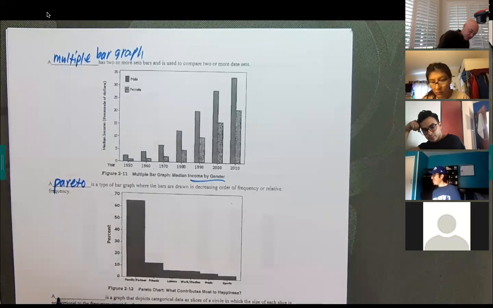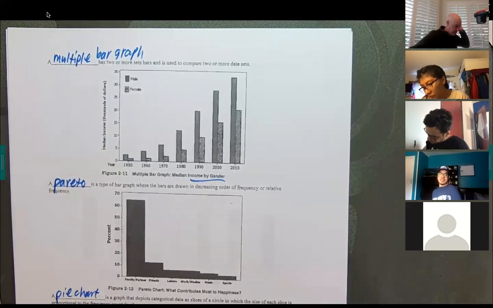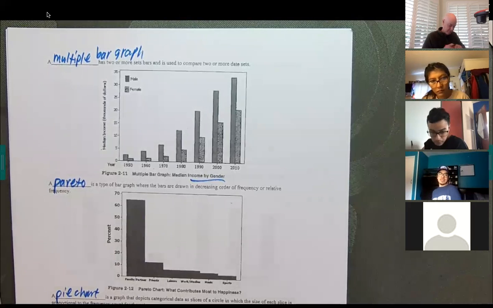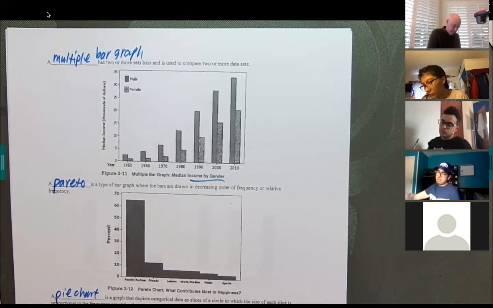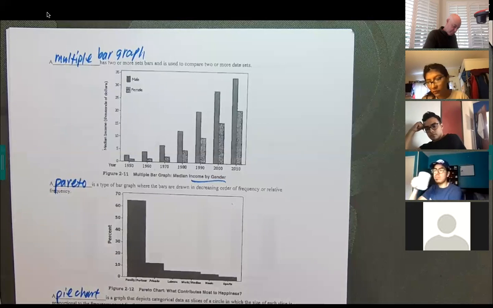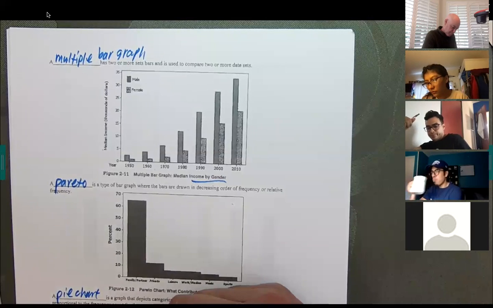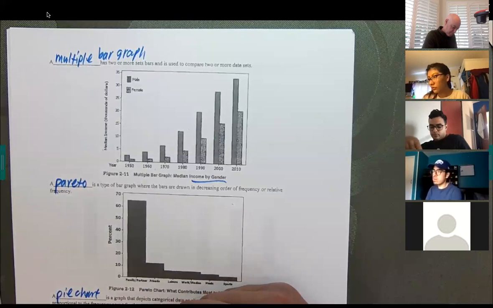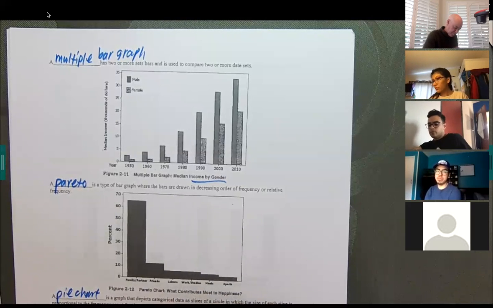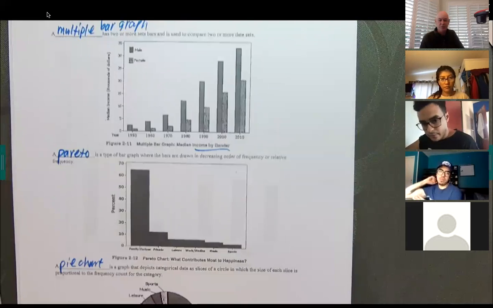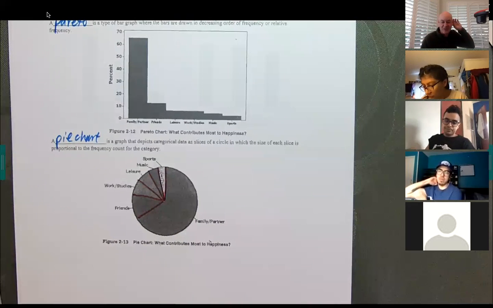The last one is the pie chart. And let me define this a little better. Oh, you guys can't see. When I do that, you guys have to tell me to push the paper up, please.